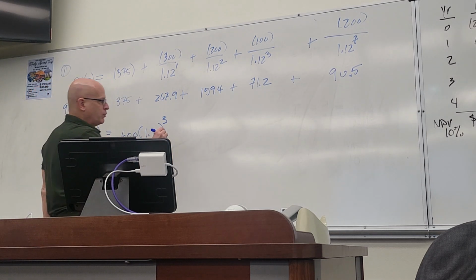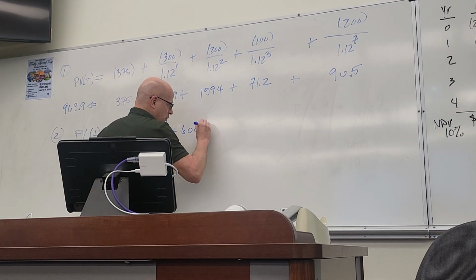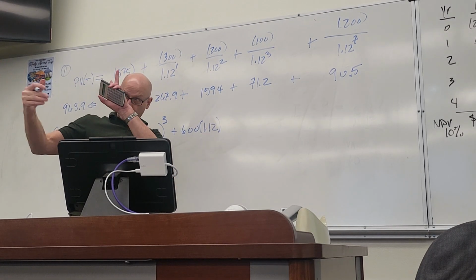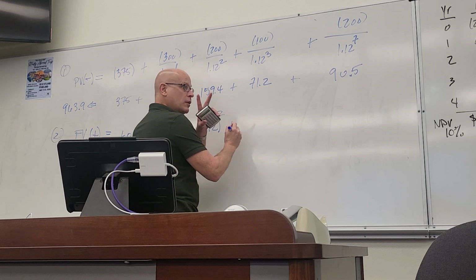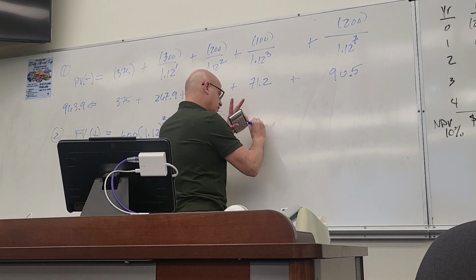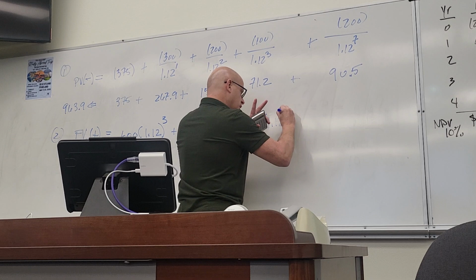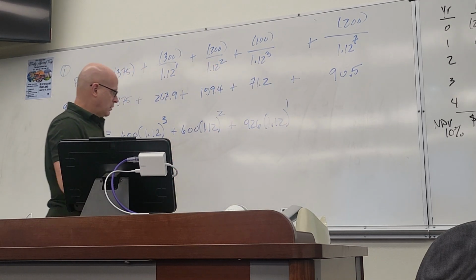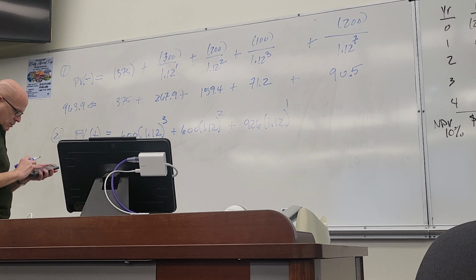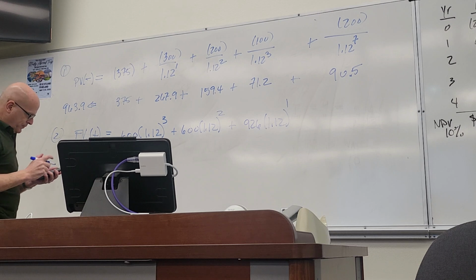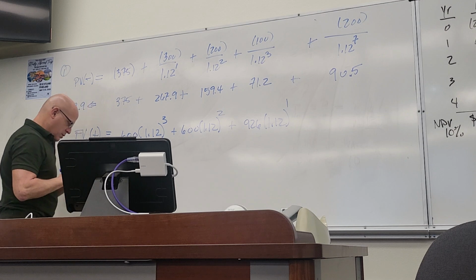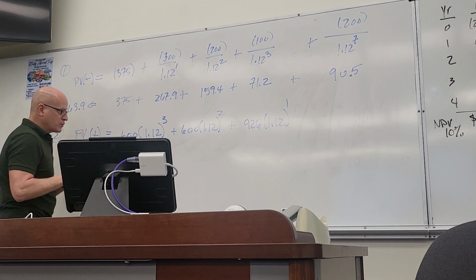Right? And then in year 5, we get another 600. That's going to earn 12% for year 6 and 7, for 2 years. And then in year 6, we get 926. That's going to earn 12% from year 6 to 7, so for just 1 year. So that's 843 for the first cash flow.